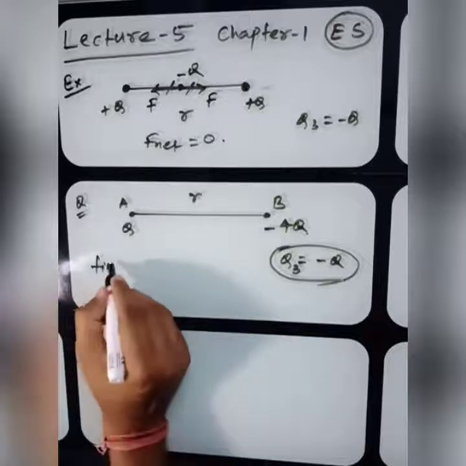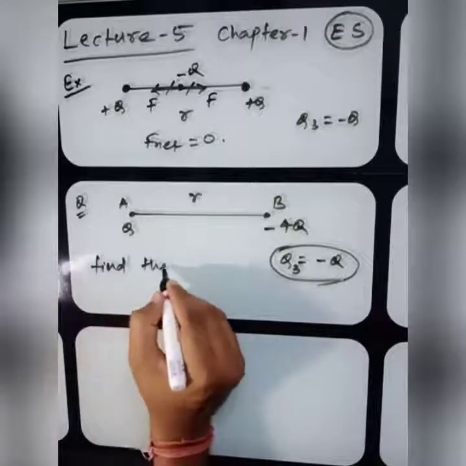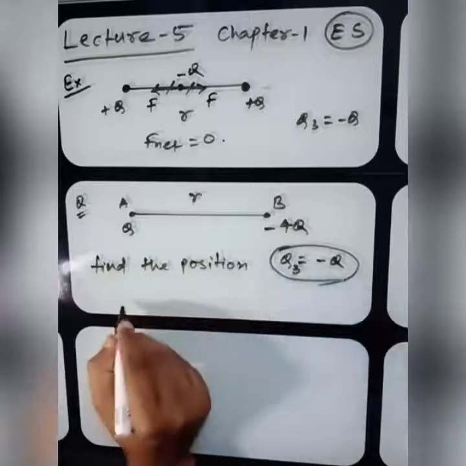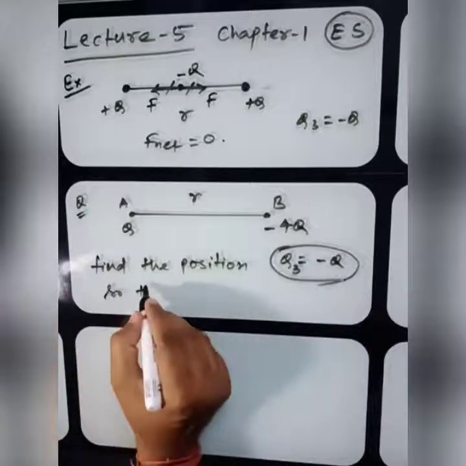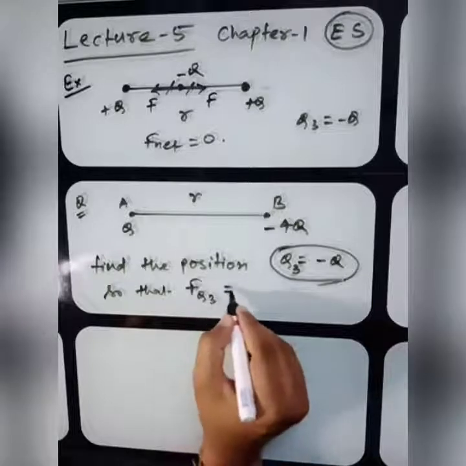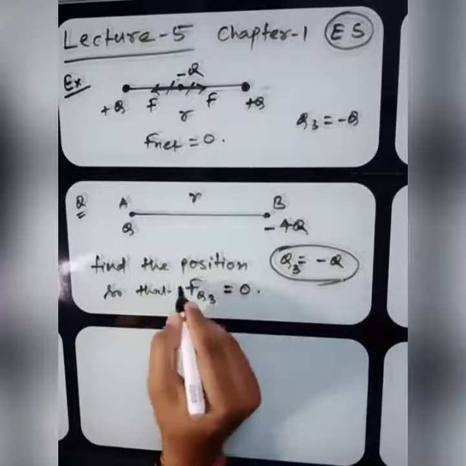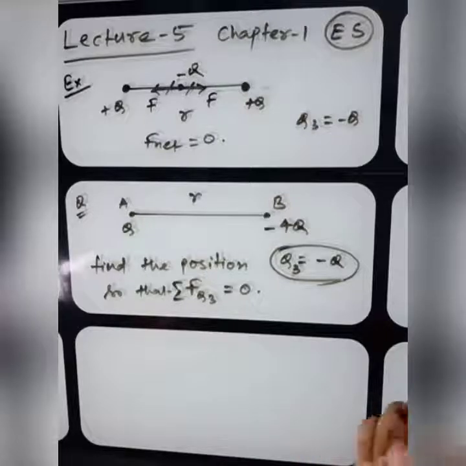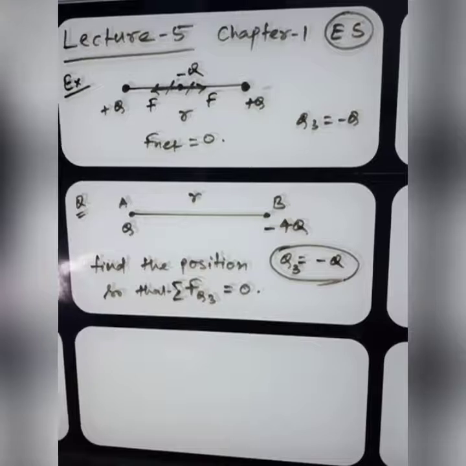You have to find the position so that the force on q3 will be 0. Which force? Net force. The net force on q3 will be 0. If you can solve, then try to find the answer.